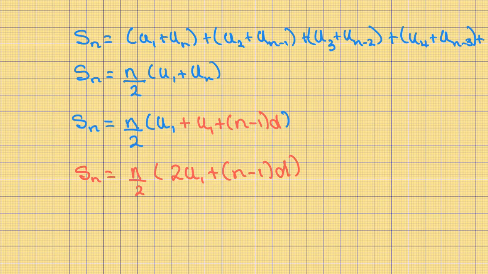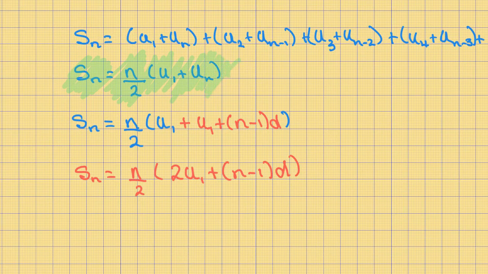So now we have two formulas for the sum of the first n terms. The first one is given by the sum of the first n terms is equal to n divided by 2 times the first term plus the last term.